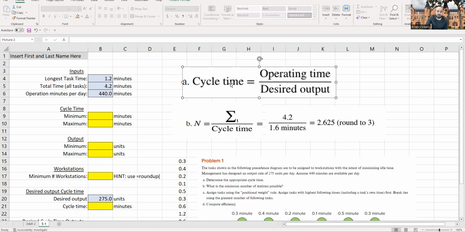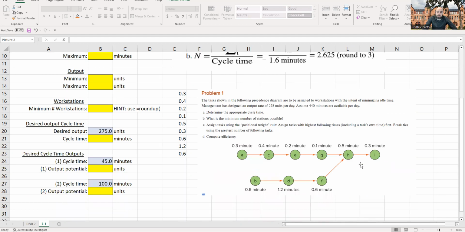So if you want to know how much output you could get, and you knew the operating time and you knew the cycle time, you could rearrange these as you see fit in order to fill in the missing one, right? So with this one, the idea is, how long would it take to make 1 unit of whatever it is we produce with a number of tasks going into producing that 1 unit?